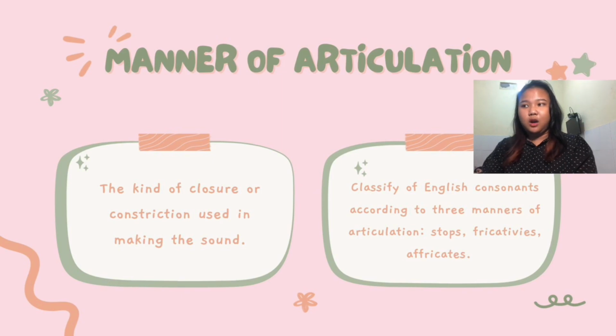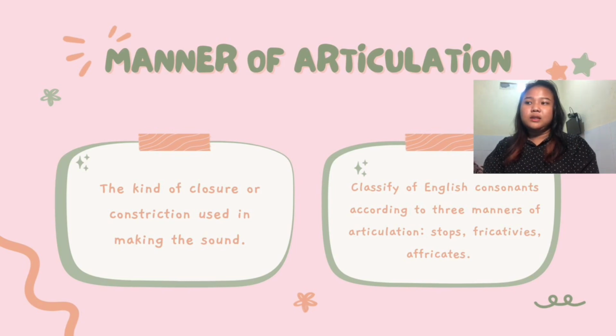The first one is stop, which is full stoppage of the airstream somewhere in the oral cavity between the vocal folds and the lips, as in P, B, and M. And the second one is fricatives. It is constriction of the airstream in the oral cavity producing turbulence and noise, which is F and V.